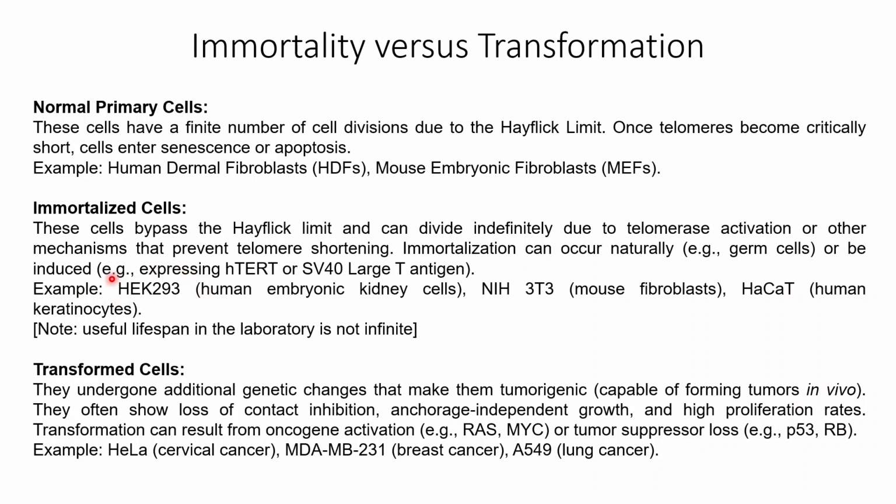Some examples of cell lines that have been made immortal using these different techniques: HEK293T, I meant to write HEK293T here. SV40 large T antigen was used for HEK293T. These are human embryonic kidney cells, and they are a very commonly used cell line for all sorts of studies. One important function of this cell line is to produce virus.